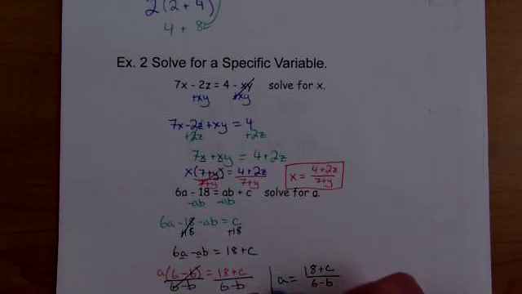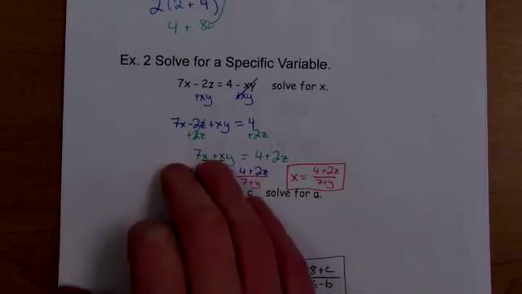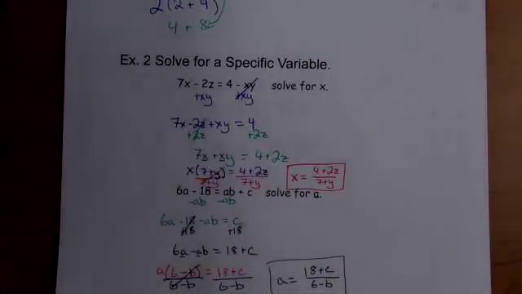We solve for a. Boom. So these are just another version of literal equations, but sometimes we have to factor out the variable we're looking to solve for. So sometimes we will run into that situation right there.